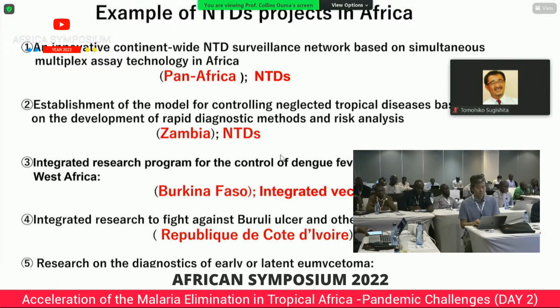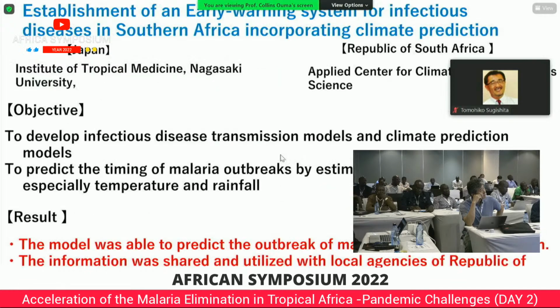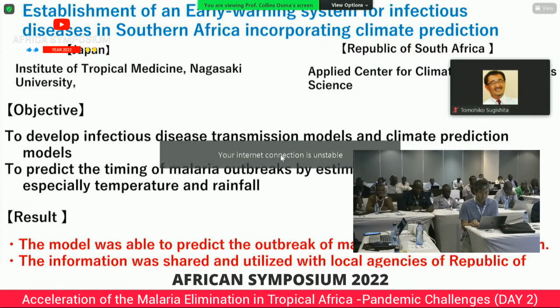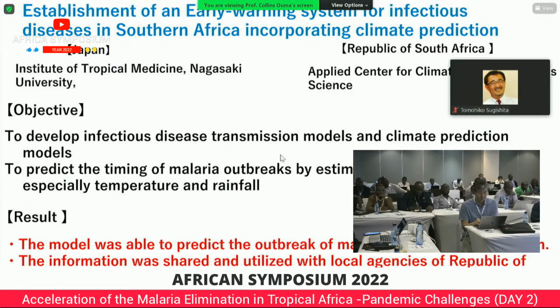I will outline the goals and outcomes of some successful projects. This slide shows the joint research project. The purpose of this project is to use meteorological science to forecast rainfall and predict in advance the occurrence of mosquito-borne infectious diseases such as malaria.